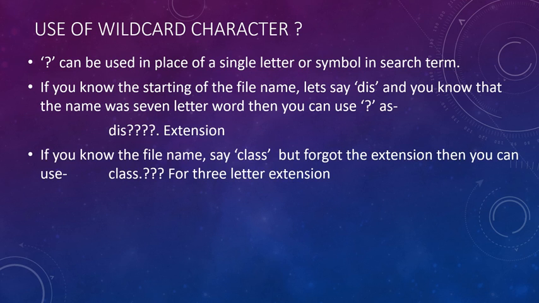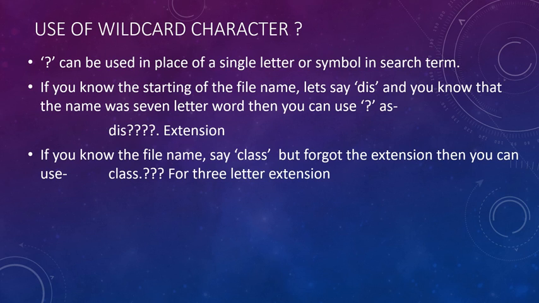If you know the file name, say class, but forgot the extension, then you can use the question mark. So you know the name of the file, but after the dot you don't know what was there.